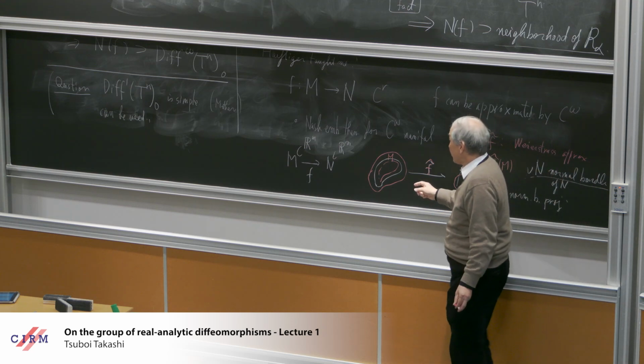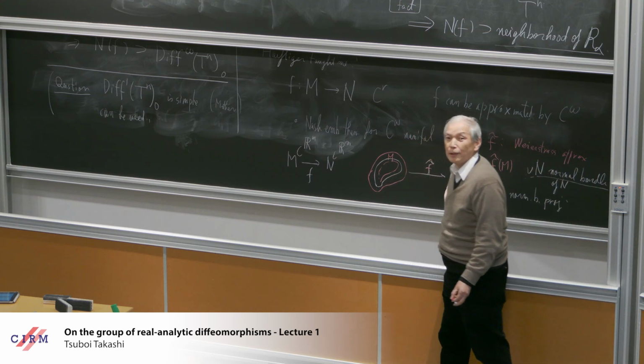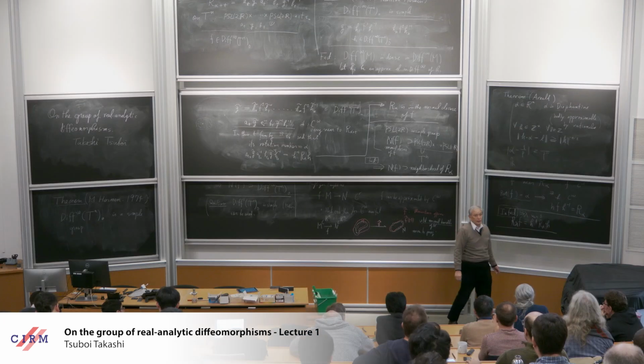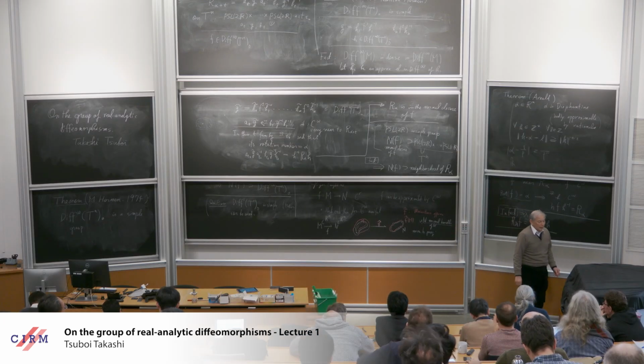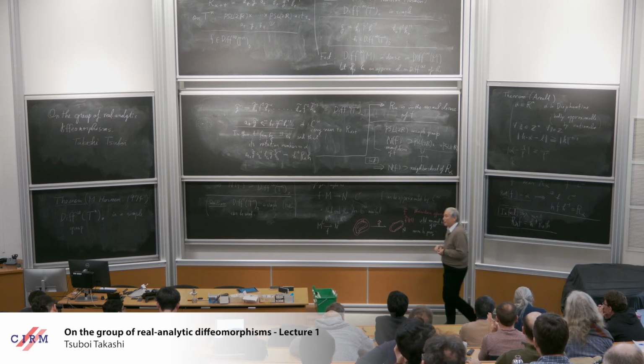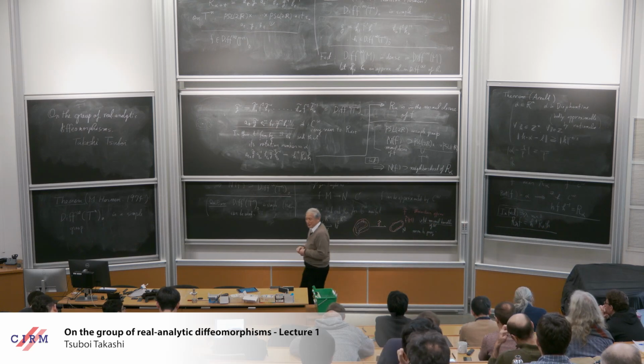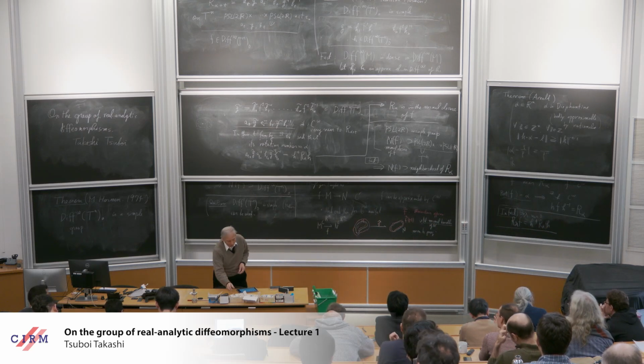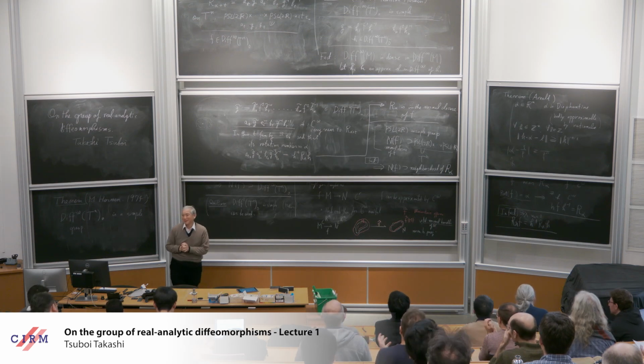Then if you look at the composition, this is real-analytic. I'm really grateful to Andre Haefliger, who taught me this, which I can use to prove the theorems. Thank you.